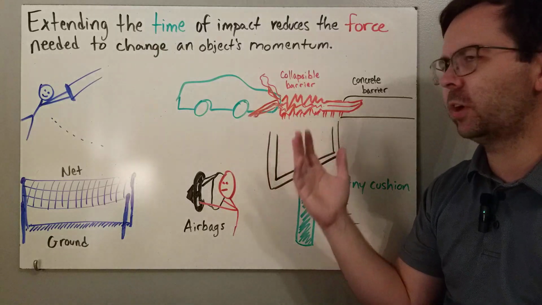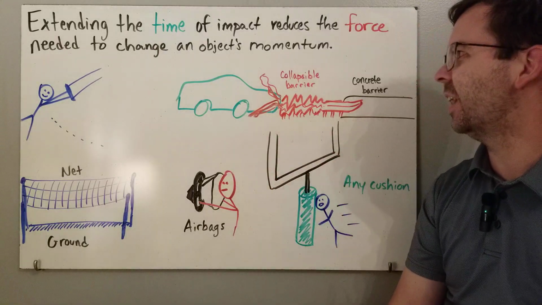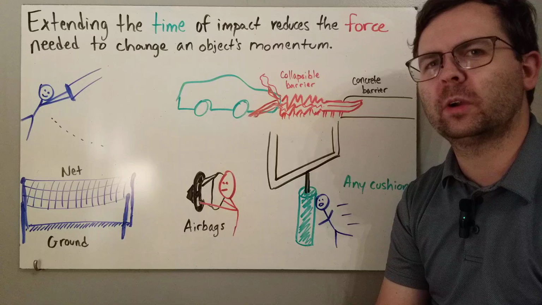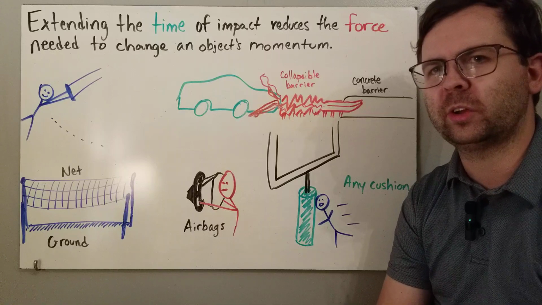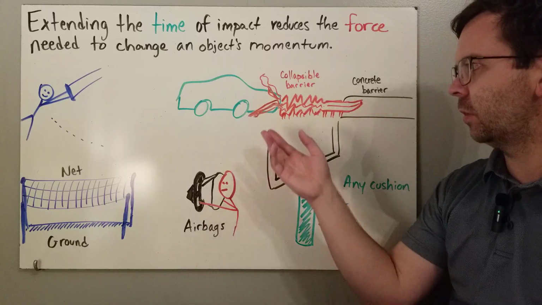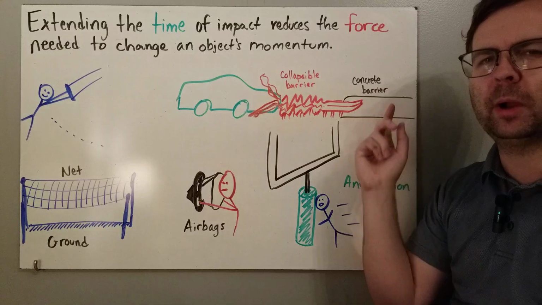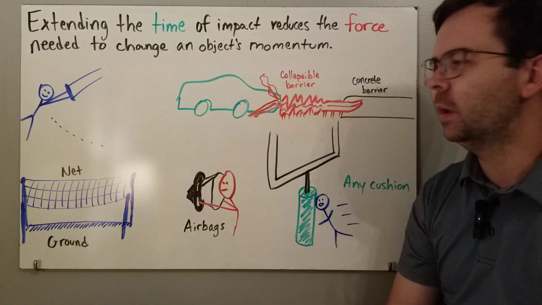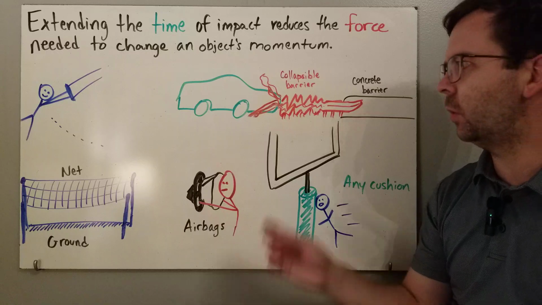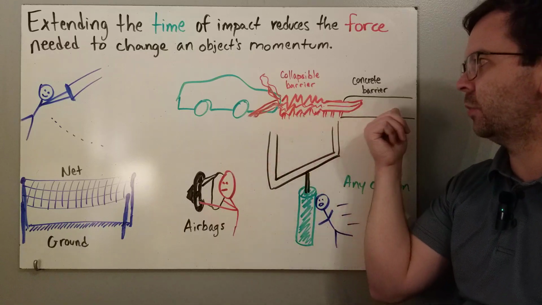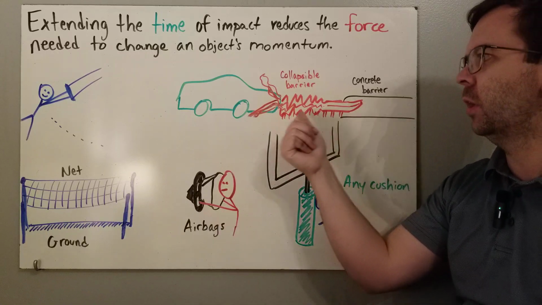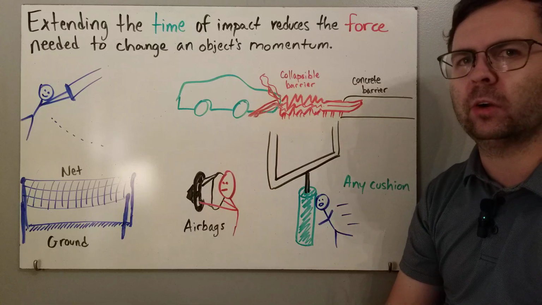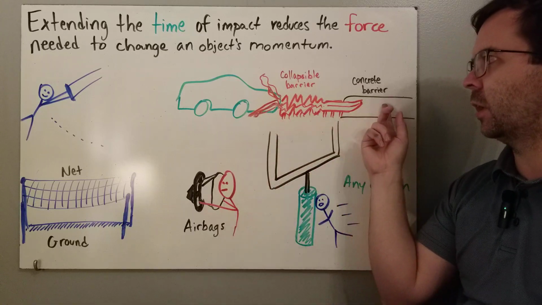Another example, and I tried to draw this, but it's not a great drawing. I don't know if you've noticed this before, if you've been just watching in your car, but as you get near concrete barriers, you'll always find these metal collapsible barriers in front of them. And that's on purpose. These metal barriers are there to slow down any cars before they hit the concrete.